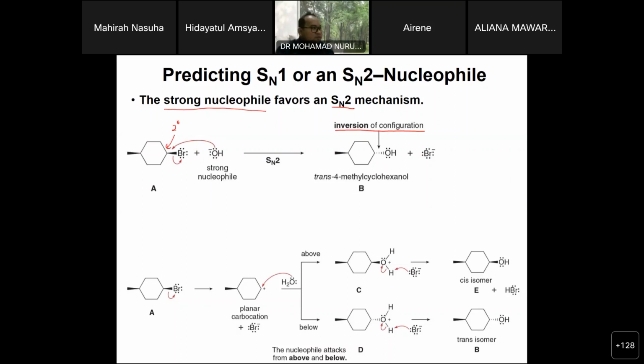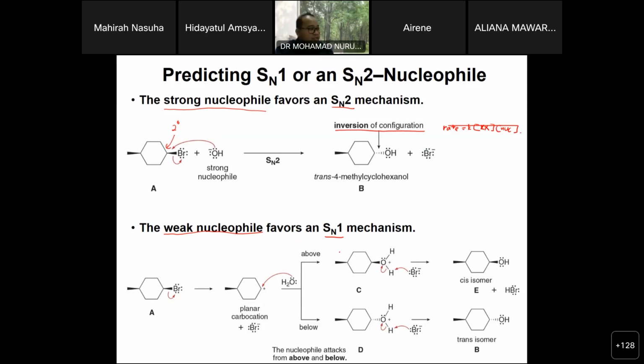Just make additional notes on the rate: the rate depends on the concentration of nucleophile and RX. For a weak nucleophile, we go for the SN1 mechanism.